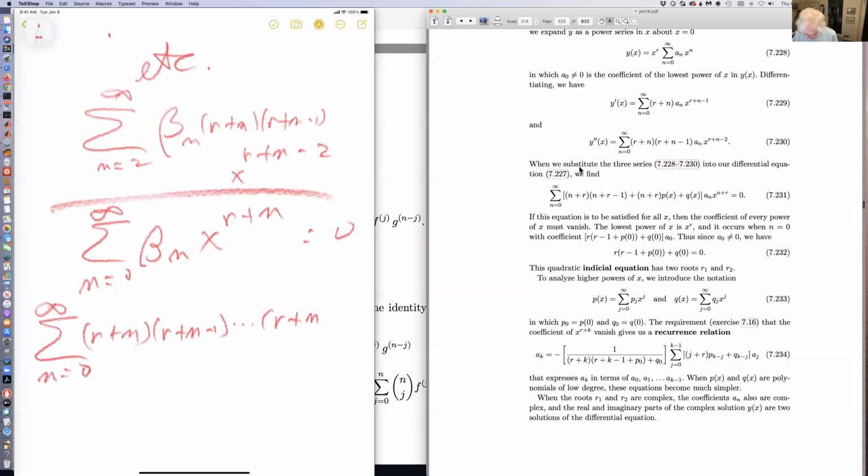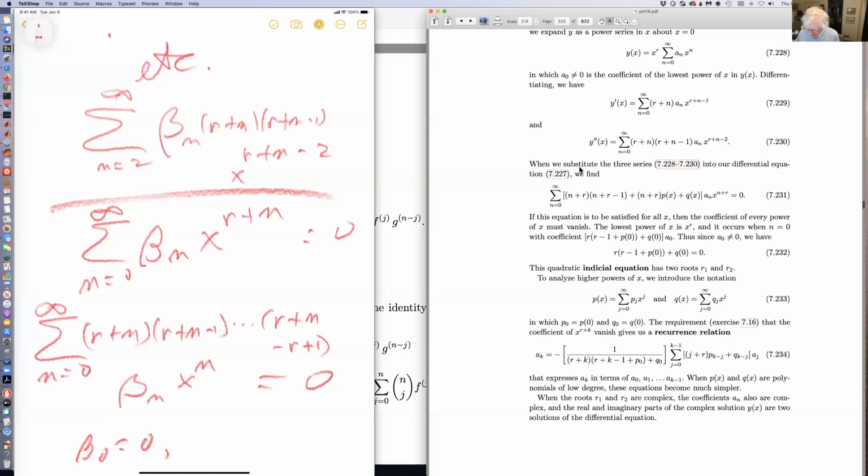Or is it minus r minus 1? Minus r plus 1, I think. And we would then have beta sub n x to the n equal to 0. All right, now you set x equal to 0, and you get beta 0 has to be 0.